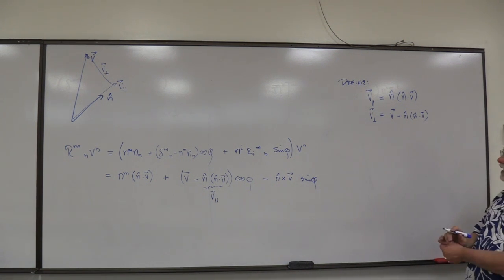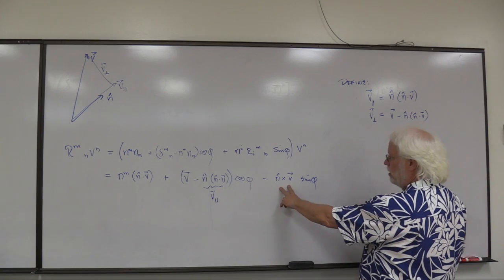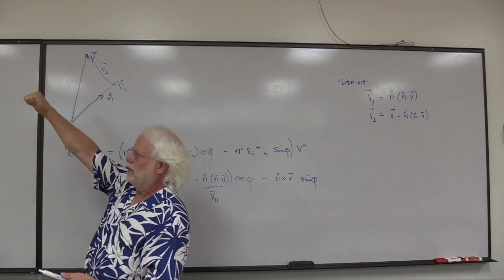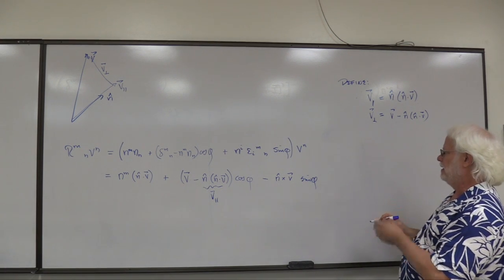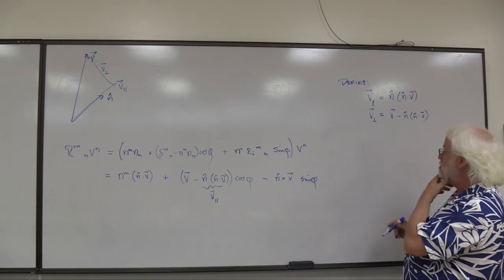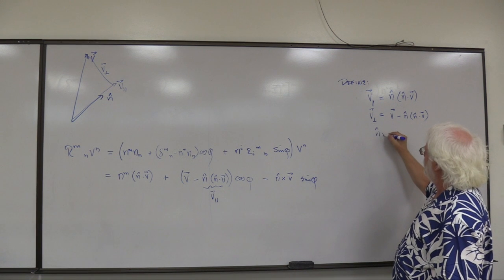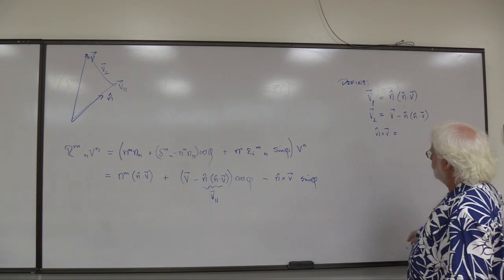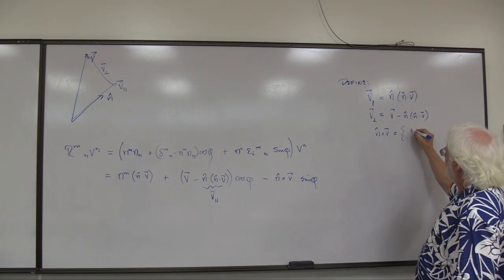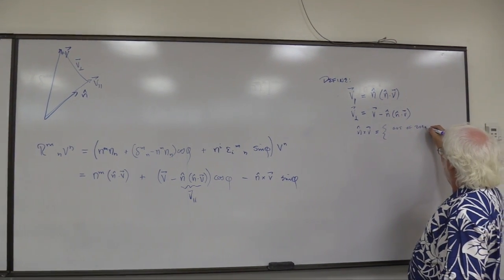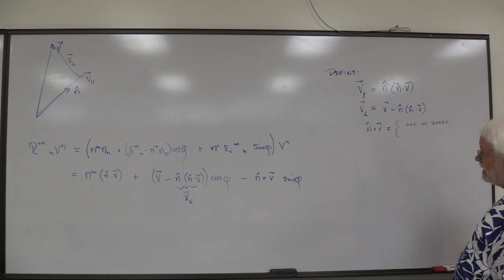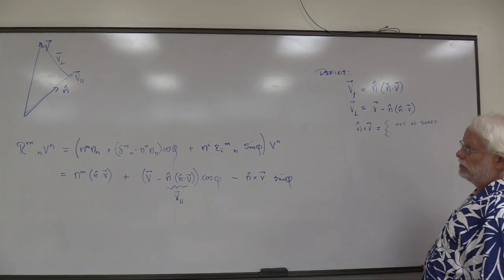Good? And then n cross v is a vector out of the board. Let's look at n cross v. What is its magnitude?